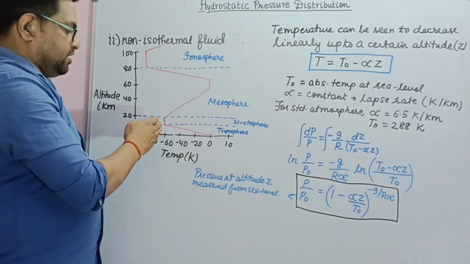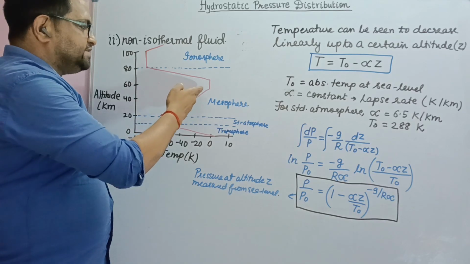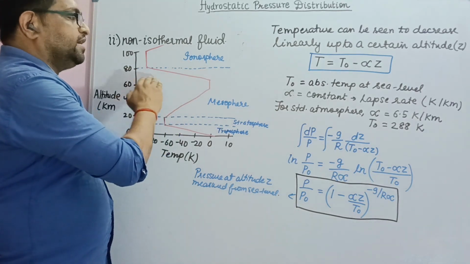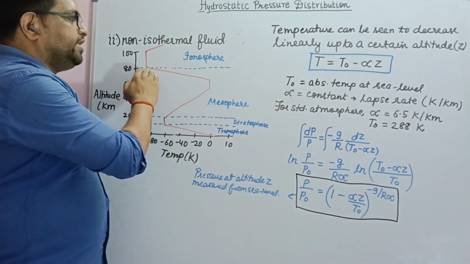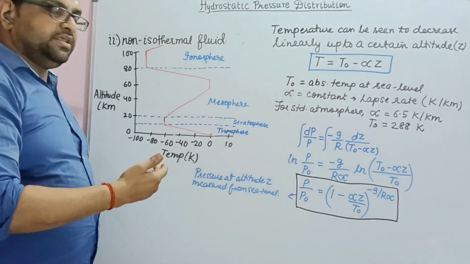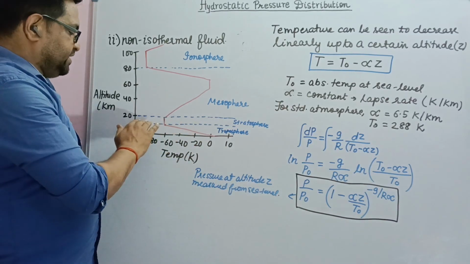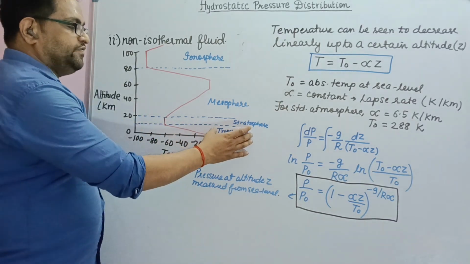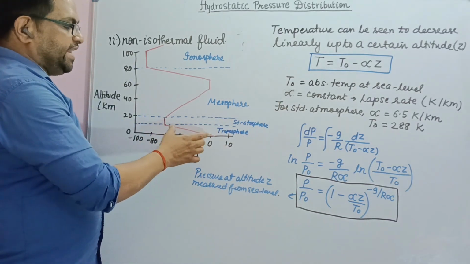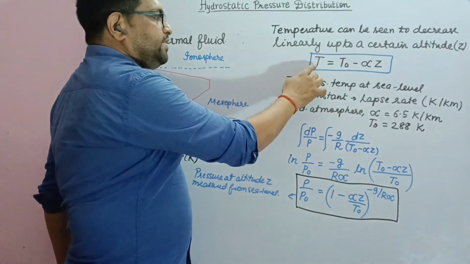It is constant in the stratosphere level, then it again increases, then remains constant at a certain altitude, then it again goes on decreasing, then again remains constant, and then it again increases. We are more concerned about a certain level, that is the troposphere, and in the troposphere the variation of temperature can be expressed in terms of this equation.